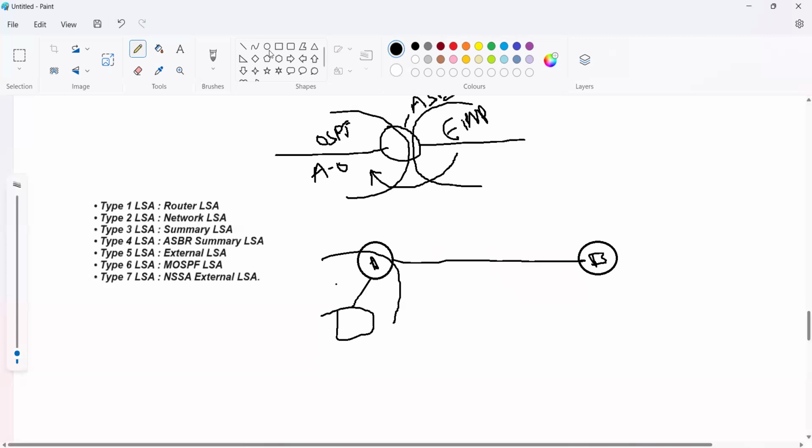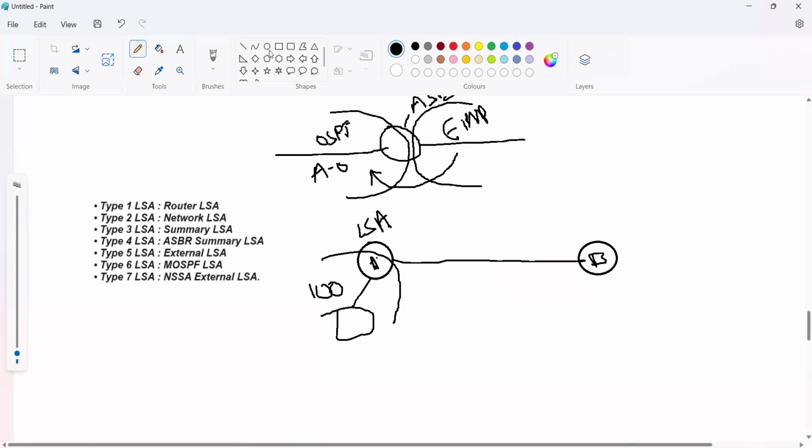If this router has 100 prefixes, 100 networks, and only this router has them, then this is the LSA type: router LSA.